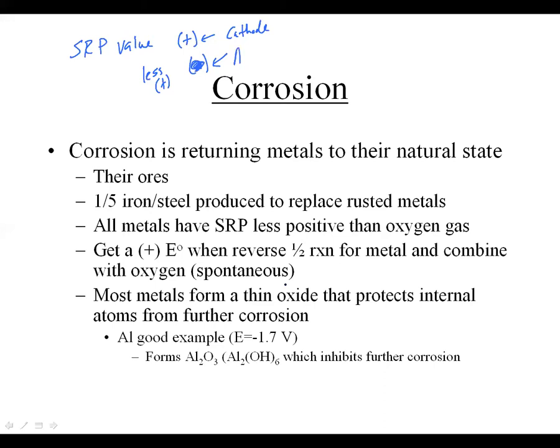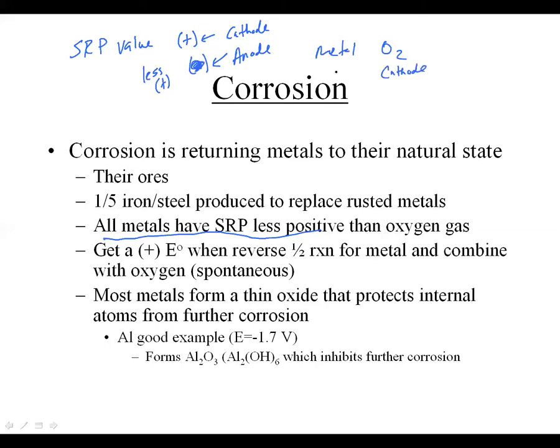So basically what it's saying here is all metals that have an SRP value that is less positive than oxygen will go through corrosion. What that means is in a scenario where you put a metal and oxygen together, if oxygen is more positive, oxygen would be our cathode and the metal would be our anode.